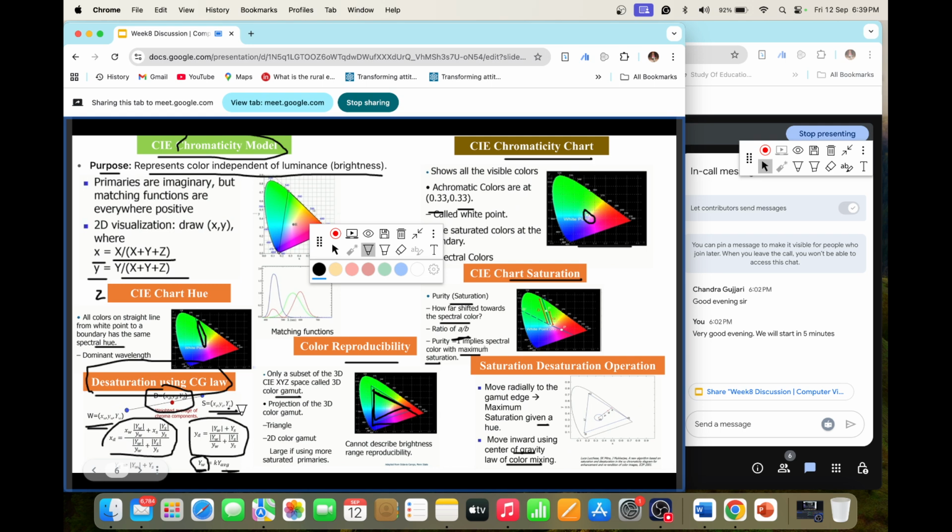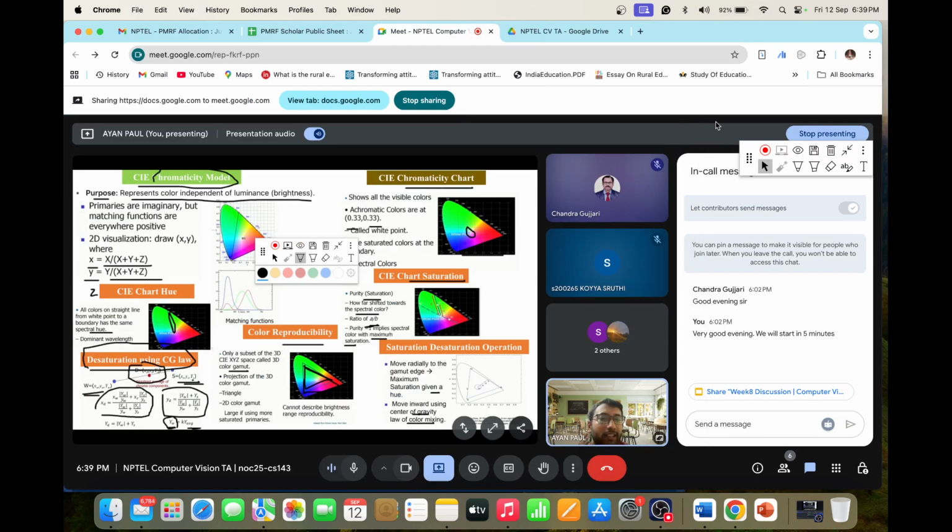So this is the theory regarding the CIE chromaticity model. Any doubt in this? So basically, what kind of problems are solved using this method? I have not seen many problems, but desaturation using the CG law might come.